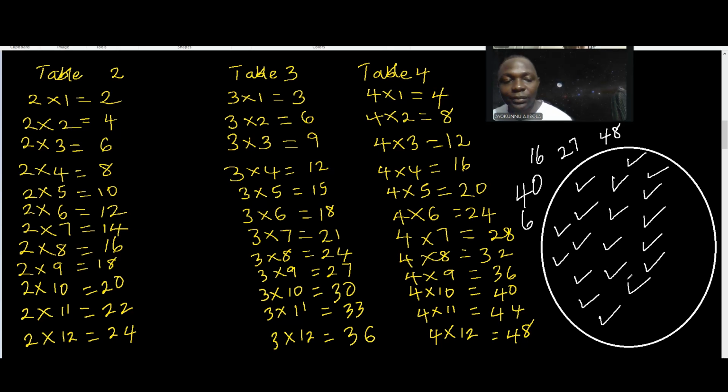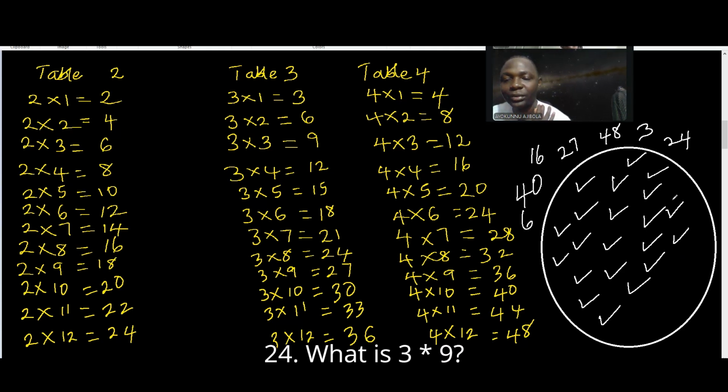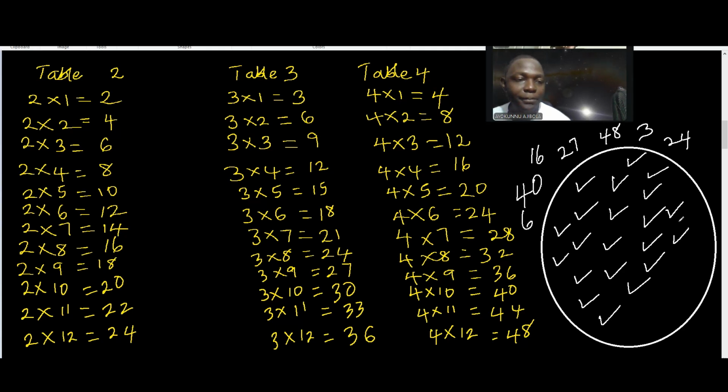So what is 3 times 12? 36. What is 3 times 1? 3. What is 3 times 2? 6. What is 3 times 8? 24. What is 3 times 9? 27.